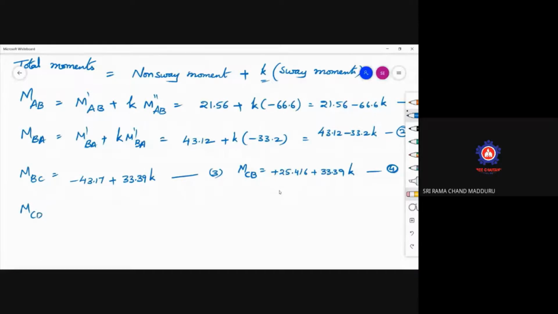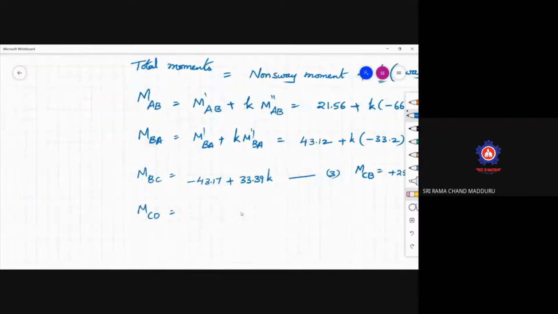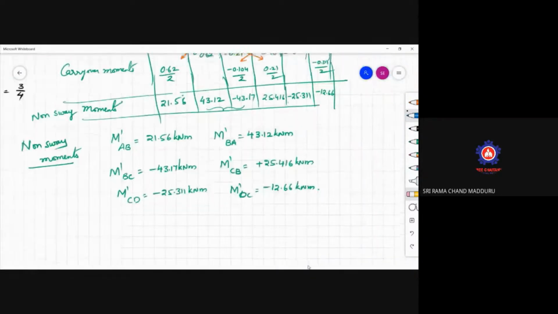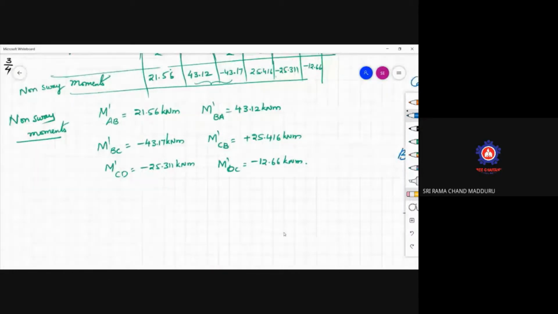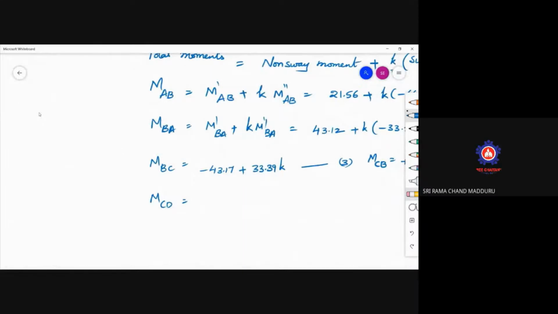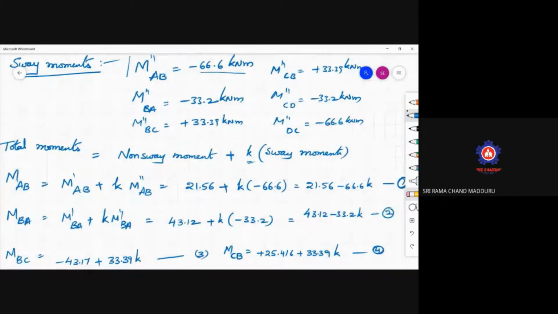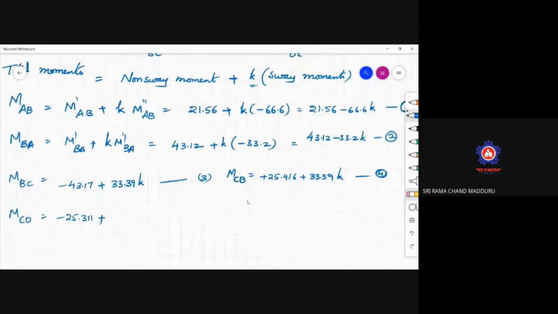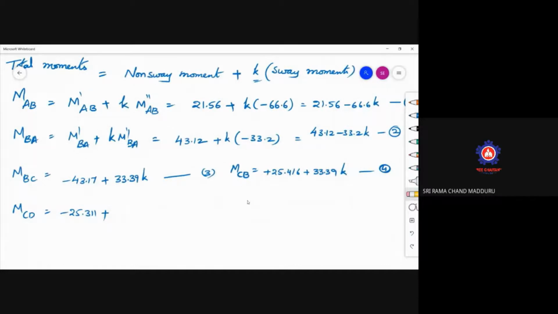MCD is equal to M dash CD, that is non-sway moment, plus. What is the non-sway moment? M dash CD is minus 25.311, plus this value minus 33.2 into K. This is equation 5.